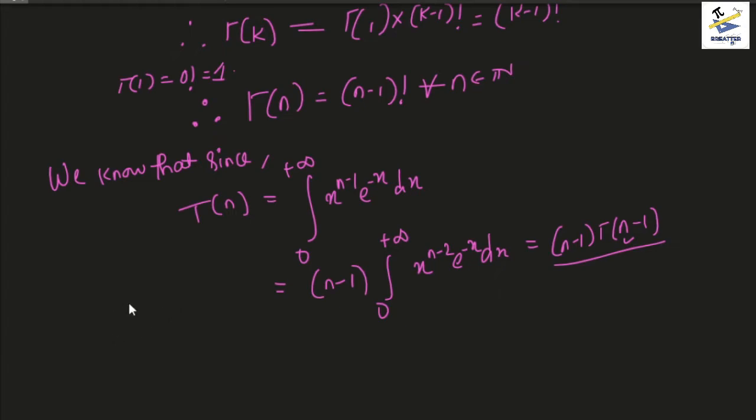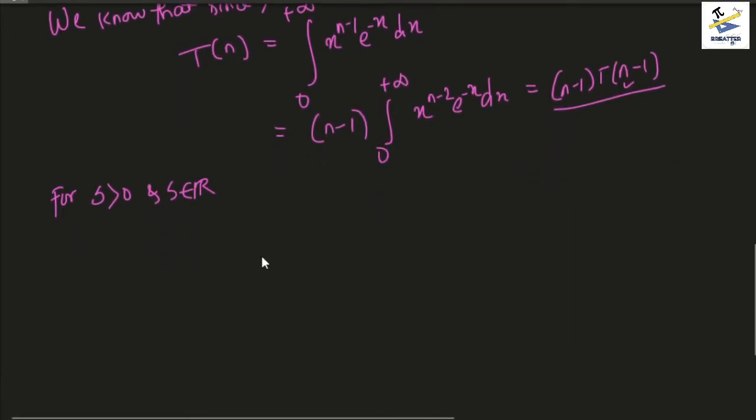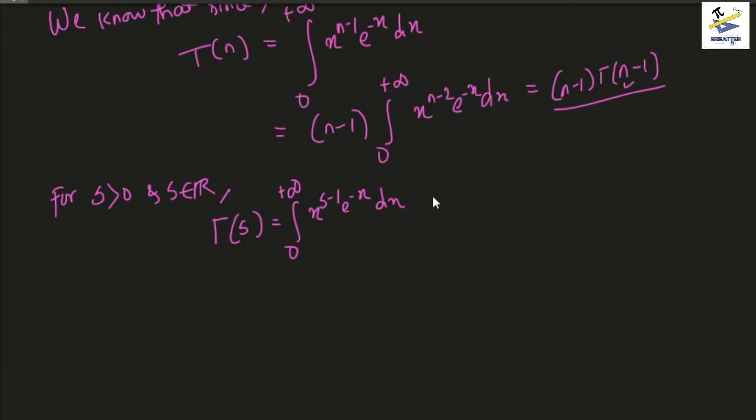So what it says here is that for s greater than 0 and s belonging to the reals, gamma of s, which equals the integral from 0 to positive infinity of x to the power s minus 1 e to the power minus x dx, converges.